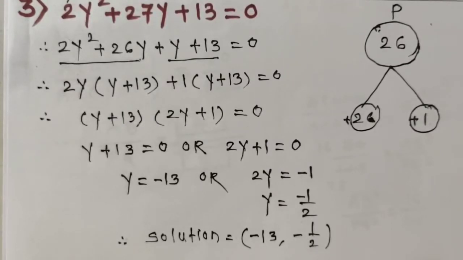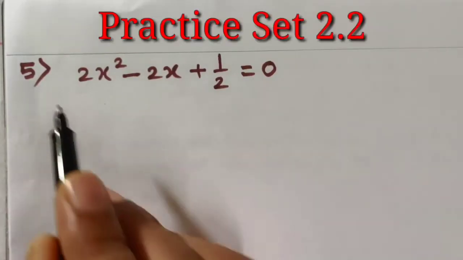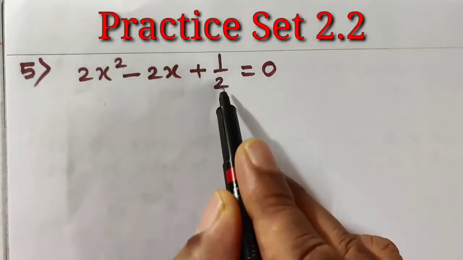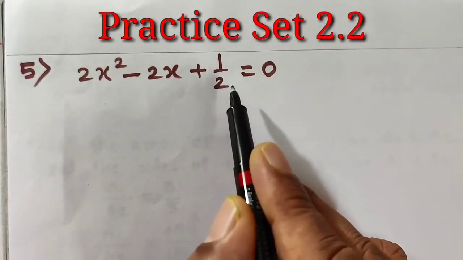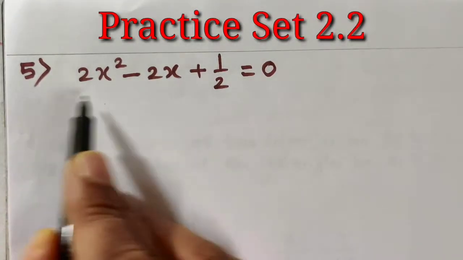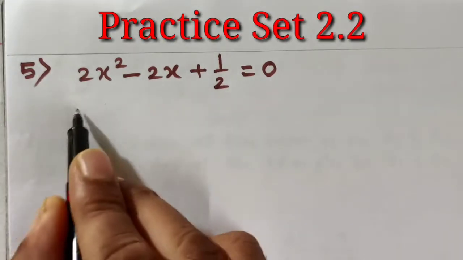Let us see more sums from this exercise. So students, let us see the fifth sum from practice set 2.2. Here only 1 upon 2 is there, so students feel it is a very difficult sum. So simplify this one. In the denominator 2 is there, so multiply throughout by 2.